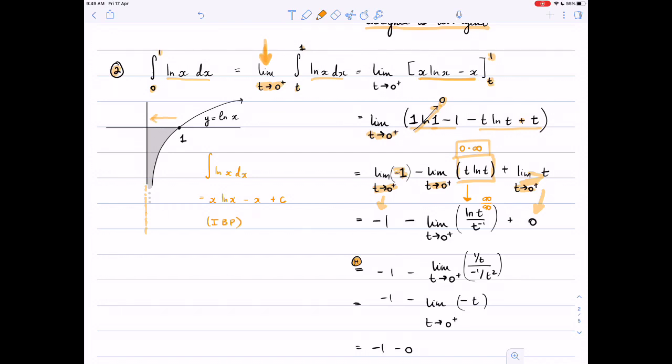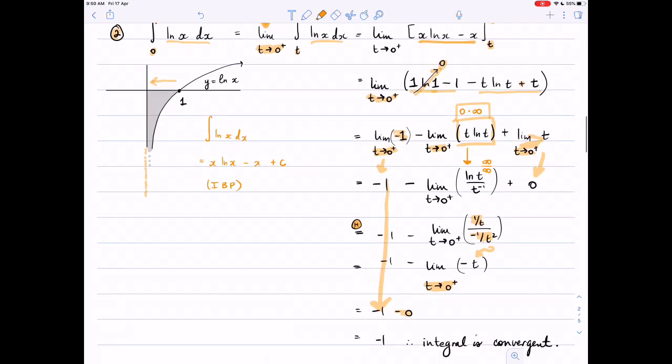L'Hopital's rule tells me I take the derivative on top and the derivative on the bottom. And if I simplify those two, I simply get minus t, which is quite lovely because then the limit as t goes to 0 of minus t is just 0. This minus 1 is just followed through the whole way. And finally, I get my answer as minus 1.